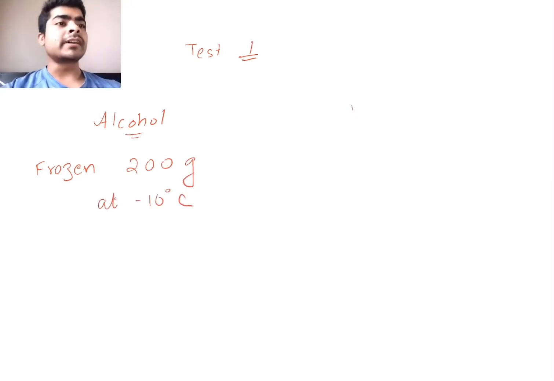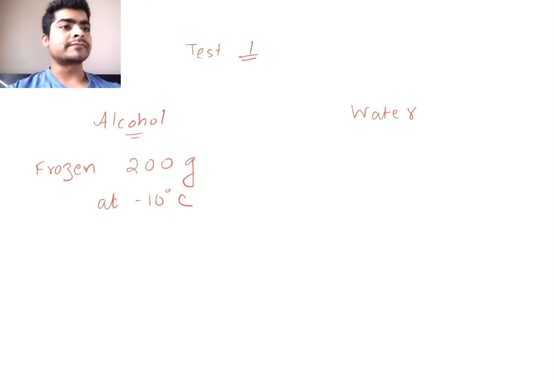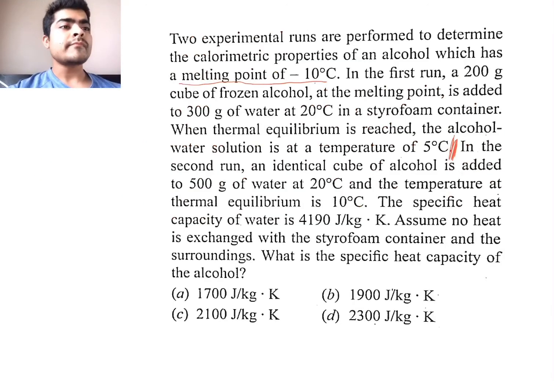On the other side we have water. How much water is there? 300 gram at 20 degrees Celsius. This is the initial condition, correct? Finally, the system reaches an equilibrium at a temperature of 5 degrees Celsius.